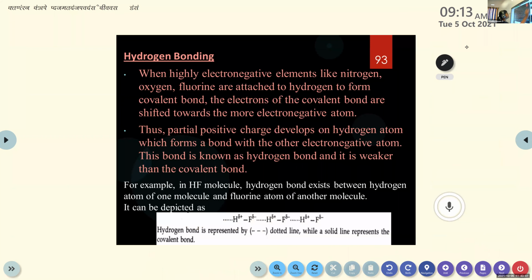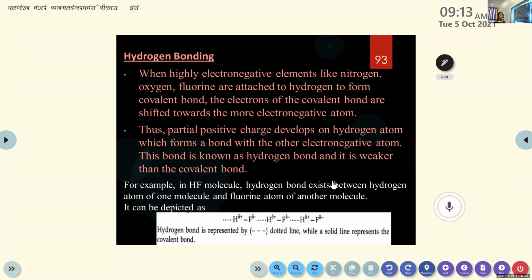Here, in the case of hydrogen bond, it always exists between an electronegative atom and hydrogen. When highly electronegative elements like nitrogen, oxygen, fluorine, etc. attach to hydrogen to form a covalent bond, we know that sharing of electrons exists between 2 atoms, right?